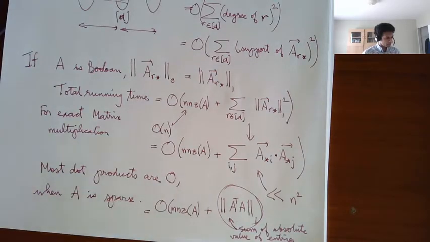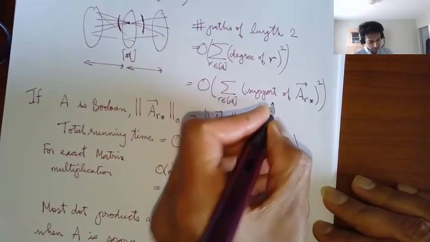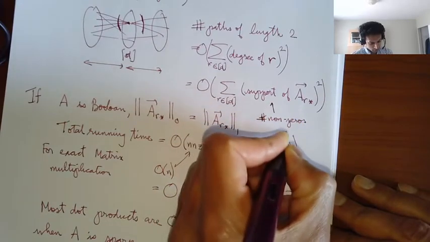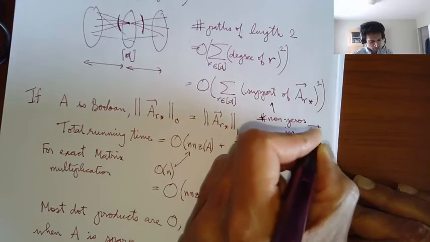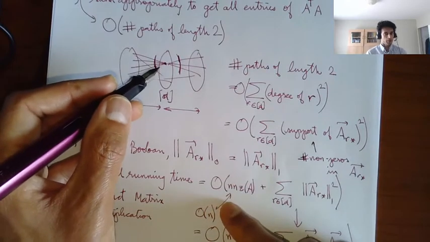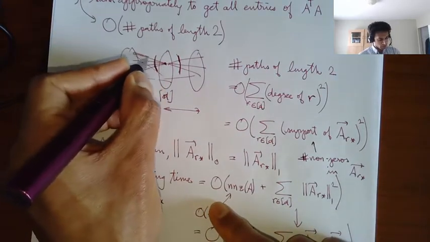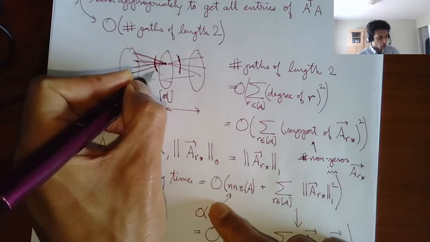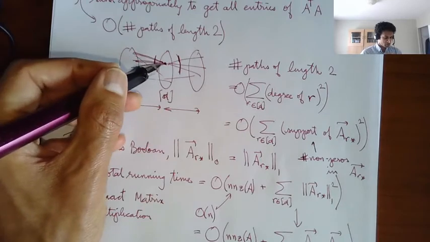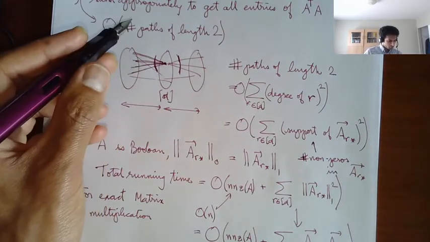Can you explain? Sorry, yeah, go ahead. I think I missed the definition of the support. Oh, the support is the number of non-zeros in this. Another way to put this is to go back to the tripartite representation. There are only some edges that have non-zero weight, and those are exactly the non-zero entries in that row vector.